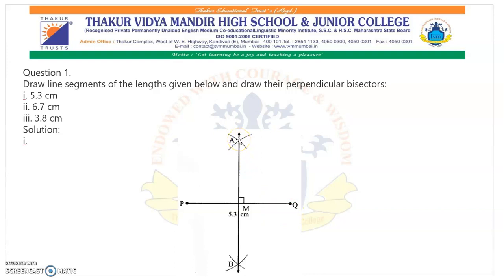Draw an arc above and below the segment PQ. Change the pointer to point Q. Draw another arc intersecting the previous arc at points A and B. Join A and B. We get the perpendicular bisector of segment PQ.